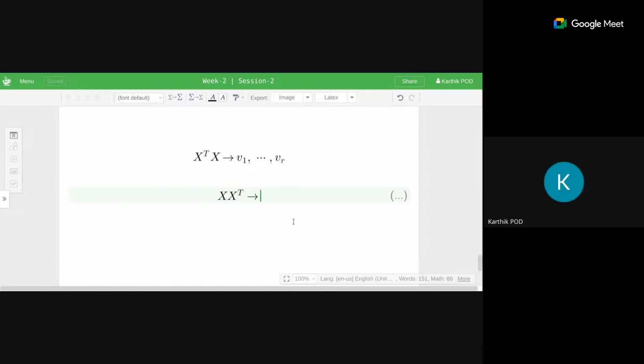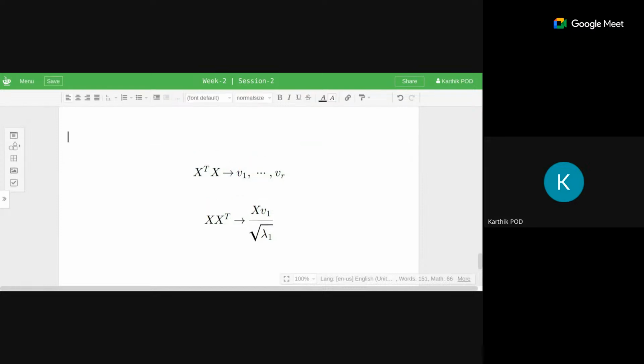So that's the one, right? So X V1 by root lambda 1, and so on and so forth. So that's what we need to do. So this is what we did just now, phi of X into V1 by root lambda 1. So alpha 1, whether you call it alpha, beta, it doesn't matter. The best way is to think of it not in terms of alpha, beta as formulas, but in terms of concepts.